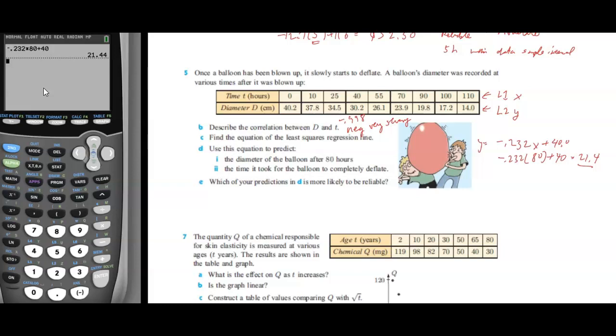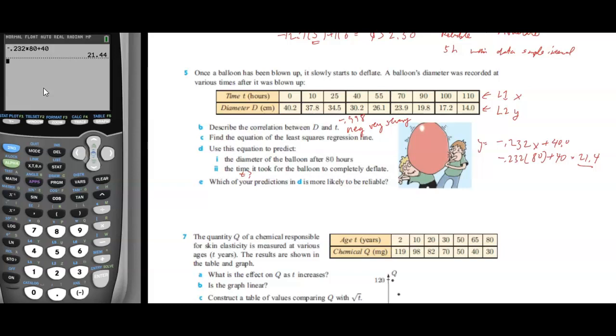The second question, the time it took for the balloon to completely deflate. In this case, they want to know what T is, right? T is what they want to know. Completely deflate corresponds to a diameter that they didn't tell us specifically, but wouldn't it be a diameter of 0, right?